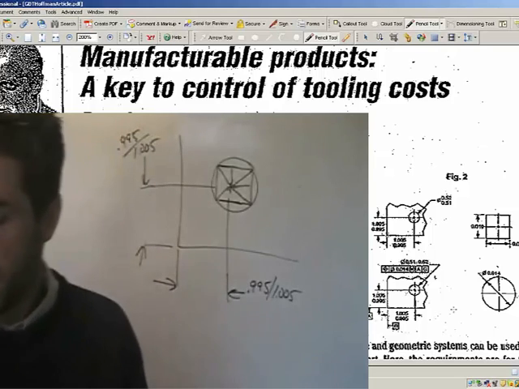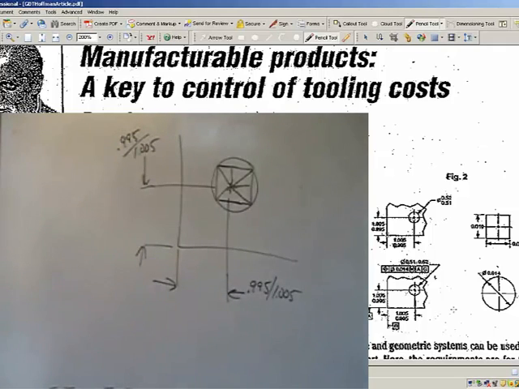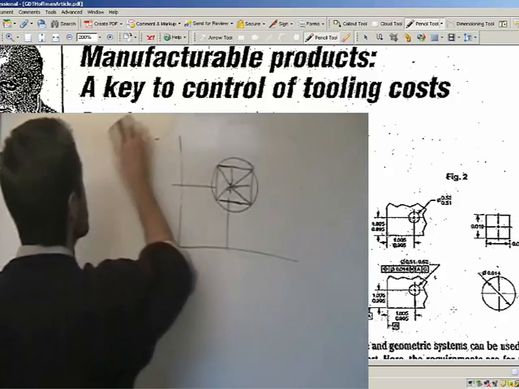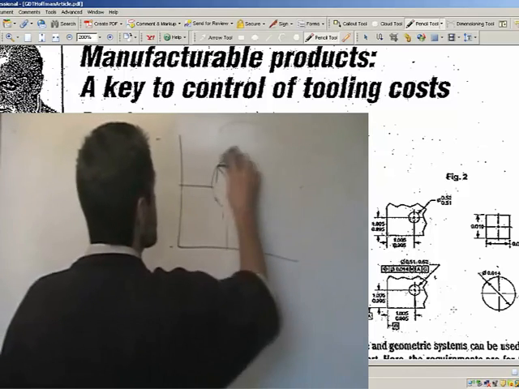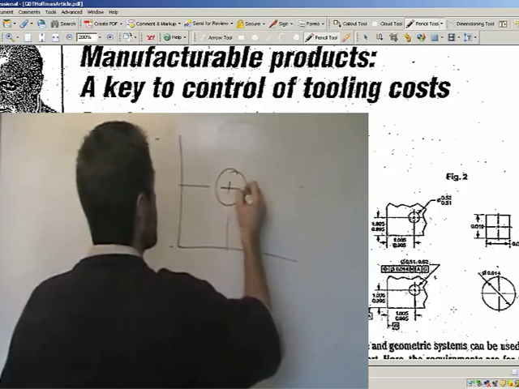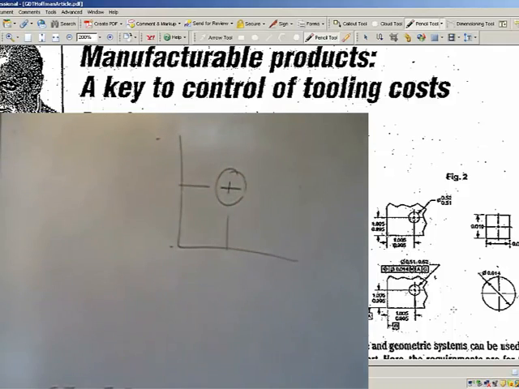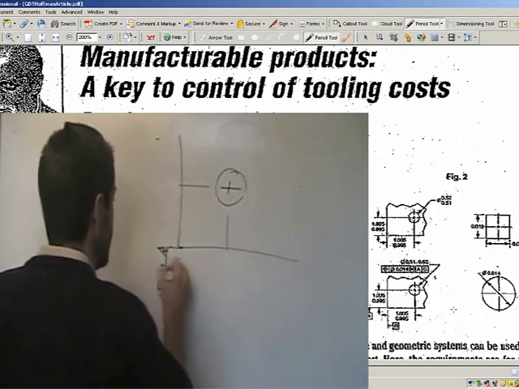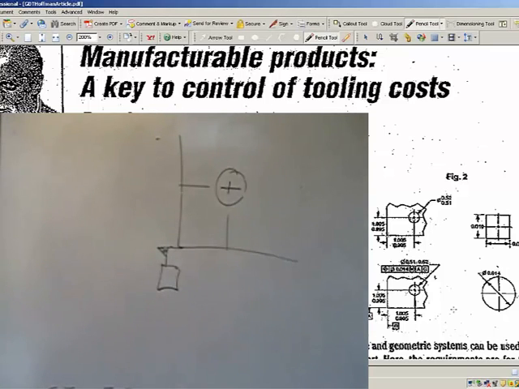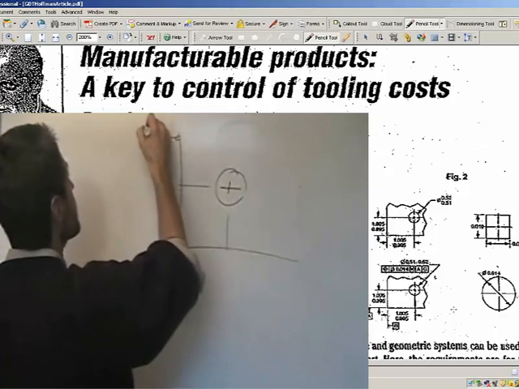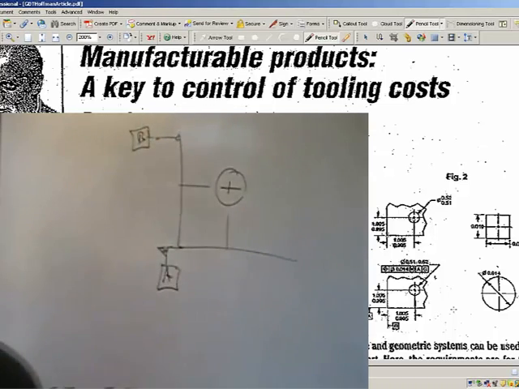And so that's what the lower figure is. Instead of using the coordinate tolerancing, we use a GD&T tolerance. If we draw this, here's our circle. And for GD&T tolerancing, we're going to set some datums. So the lower surface is A, and this other surface here is B. And they actually didn't dimension this correctly.